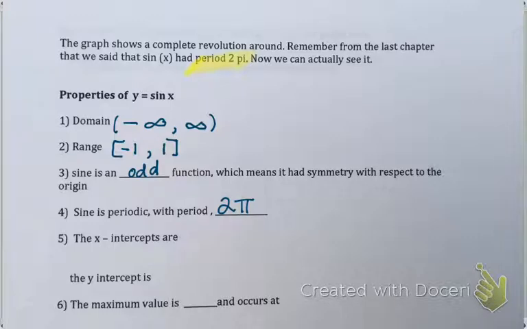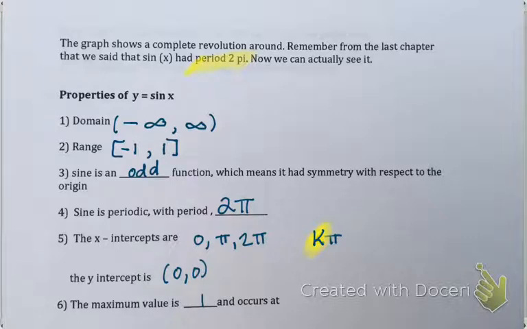If we look at those, they occur at 0, pi, and 2 pi. So we can say that they repeat every k pi. We can let k be a constant, so that way we know that at every multiple of pi, that's where the x-intercepts are. Okay, the y-intercept is (0, 0), and the maximum value is 1.